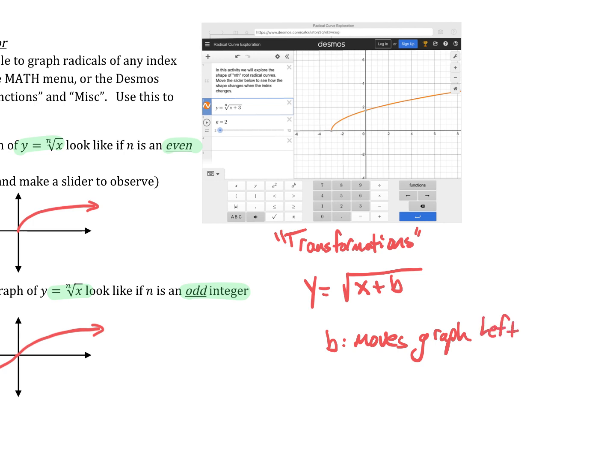It moves left if it's positive. Oops, sorry. Yeah, that's absolutely right. If it's positive, or right if it's negative.